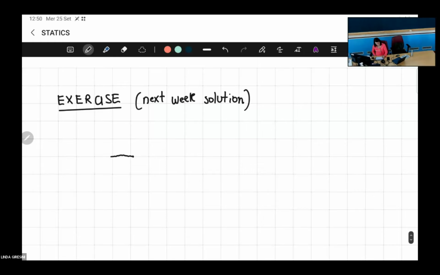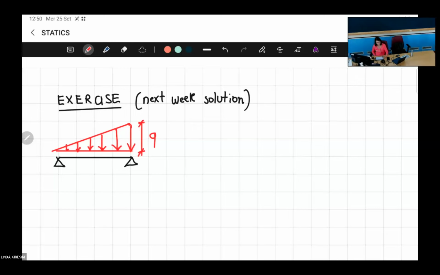Same beam, but with a triangular load, like this, where the maximum load is Q. So Q is the maximum at the right extremity.